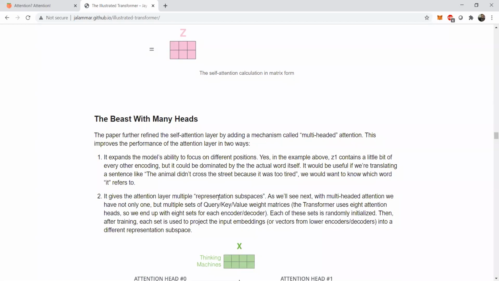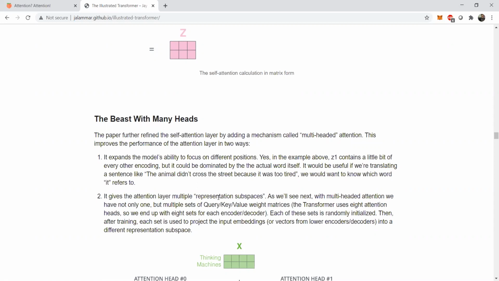If you have just self-attention on a single word, it will just compute on a single word. But what if you want to expand the model's capability to cover lots of phrases and lots of sentences? In that way, z1 covers a little bit of every other encoding, but it could be dominated by the actual word itself.